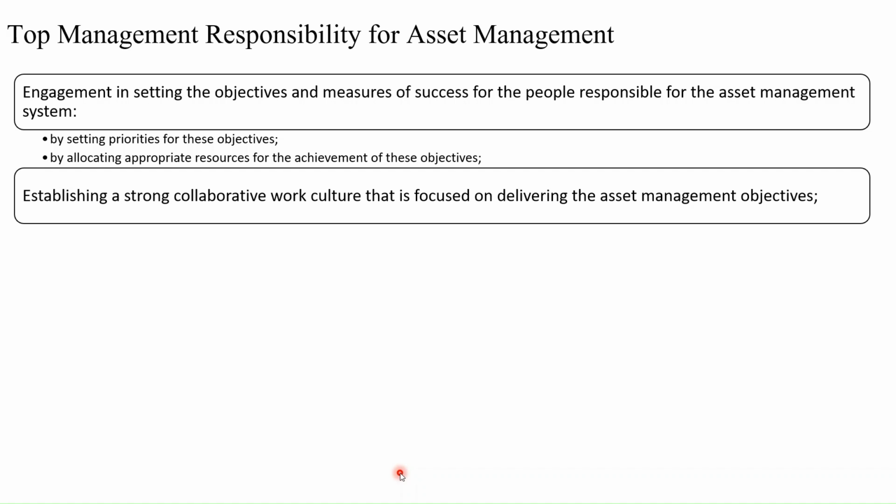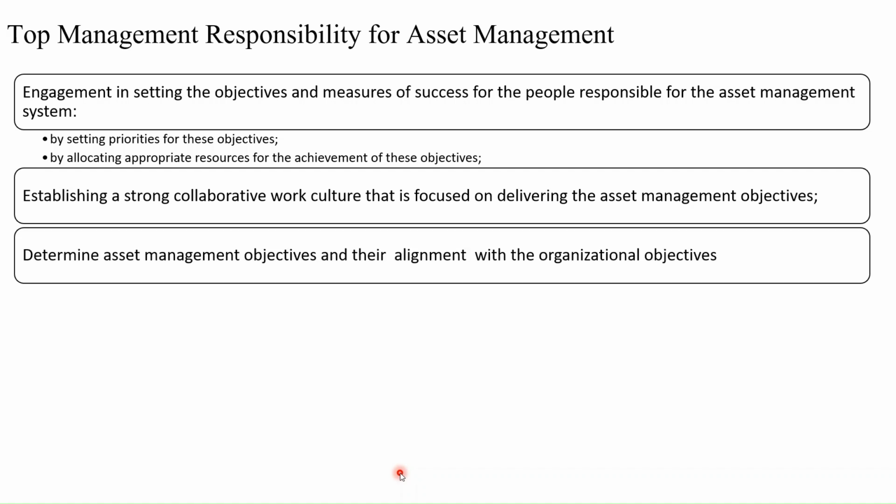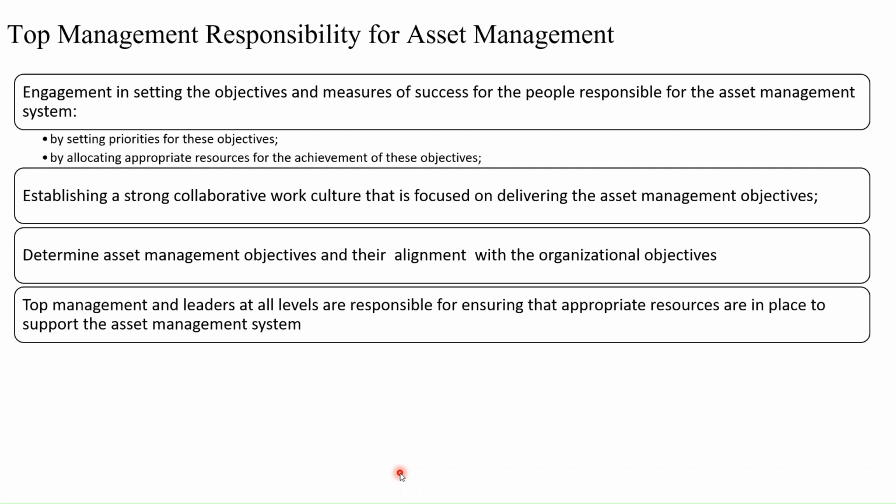Building a work culture centered on teamwork, shared accountability, and continuous improvement to drive asset performance. Aligning objectives. Establishing asset management goals that support and enhance broader organizational objectives, ensuring strategic cohesion. Measuring success. Defining KPIs and benchmarks to evaluate performance, optimize processes, and ensure continuous progress.